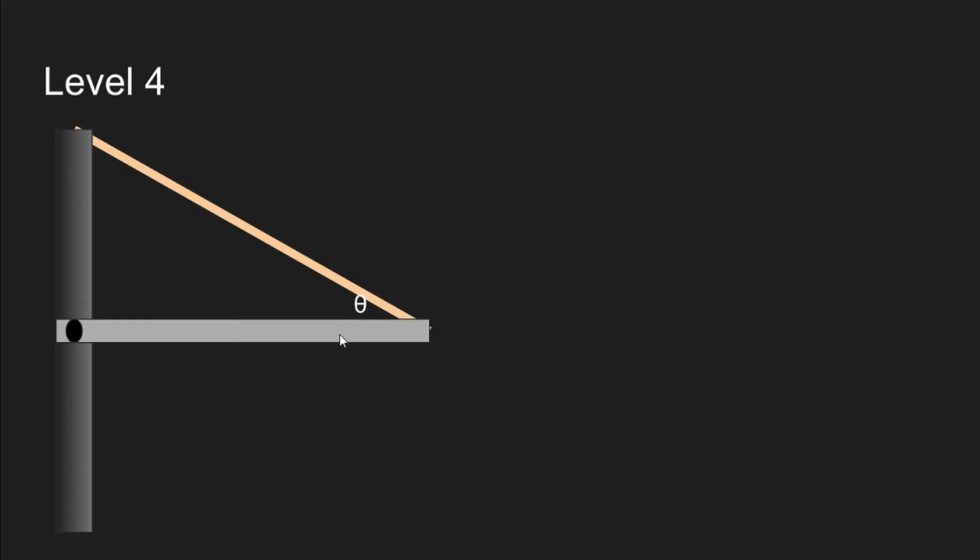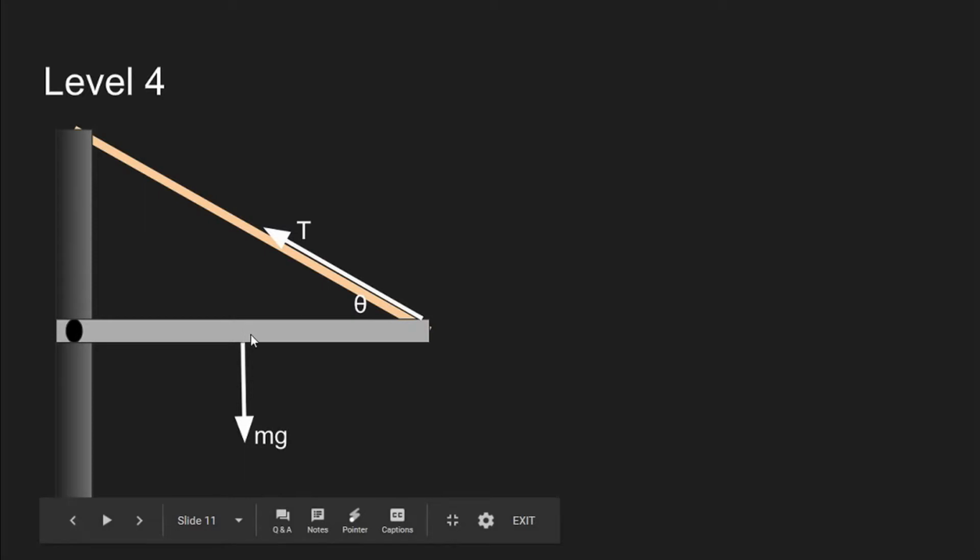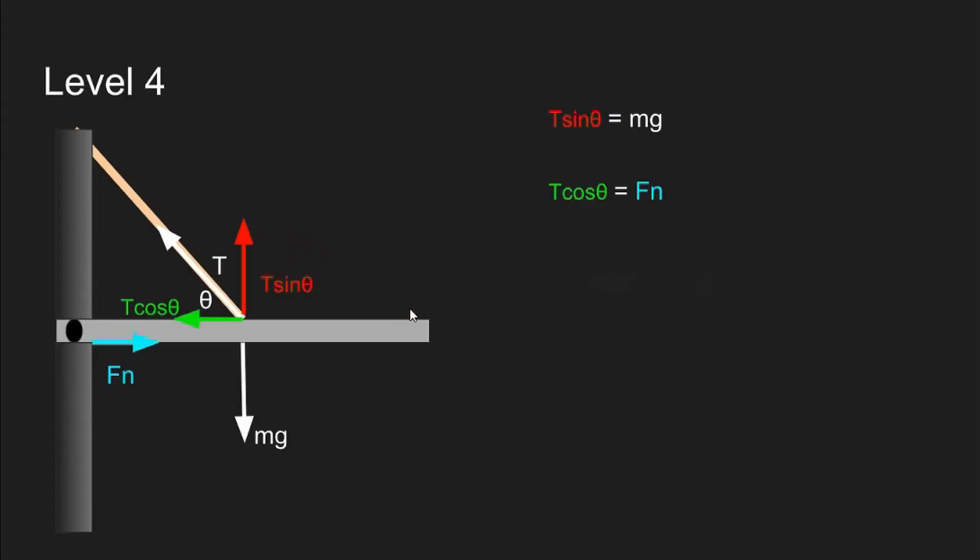So this is the theta that I'm going to say we're provided, but again, it could be this one, whatever. And it's attached all the way to the end. The force of gravity still acts on the middle of the bar, so I'm still going to place mg right here, but tension now acts all the way from the end to over here, and it's much bigger right now.